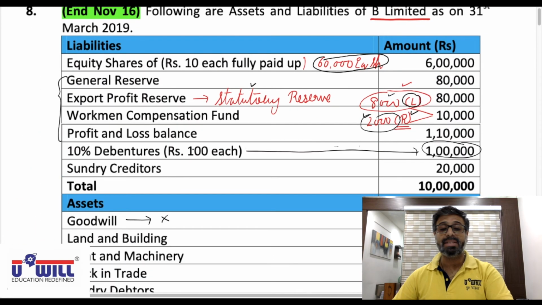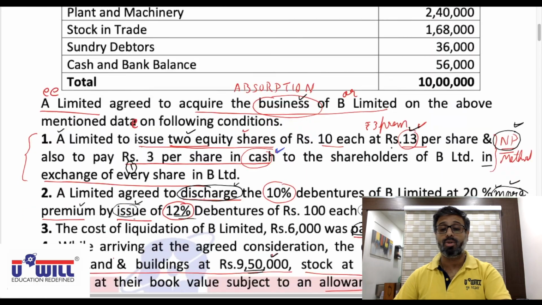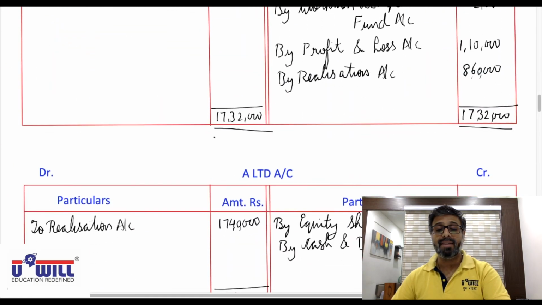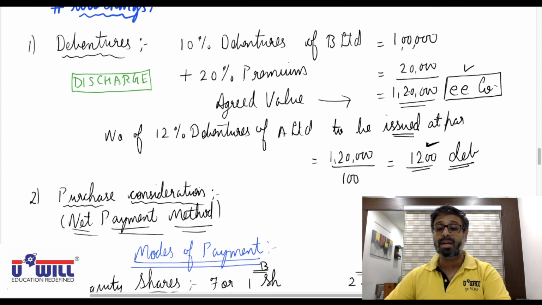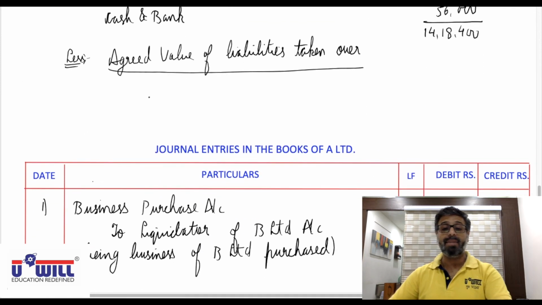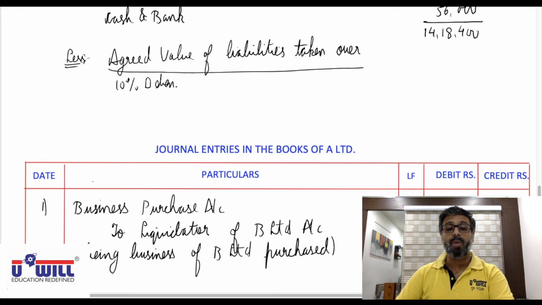First we have 10% debentures, 1 lakh. No, wrong. See, we have done the workings. 10% debentures, agreed value is how much? Agreed value is 1,20,000. We are giving them 20% more. So 10% debentures, agreed value 1,20,000.